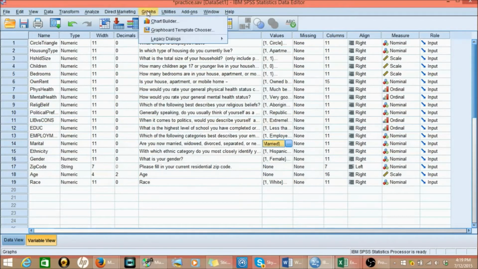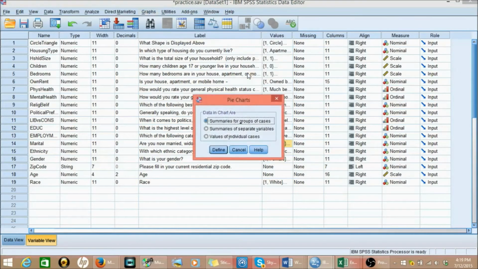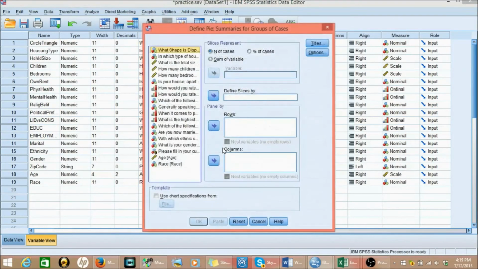And just to go one step further, we can go in here. Let's do a pie chart. Let's see how that turns out. And when we do our pie chart, let's do it by percentage of cases. We want to know marriage.